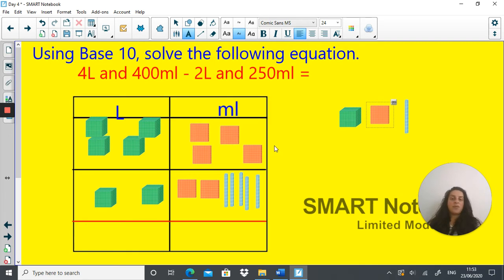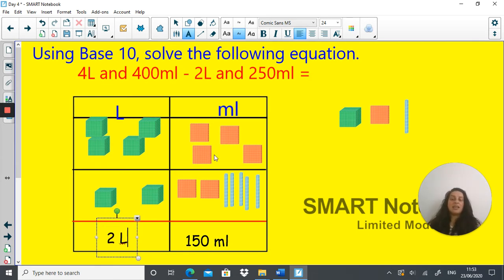So 400 millilitres take away 250 millilitres equals 150 millilitres, and 4 litres take away 2 litres equals, oh no, it's not 4, it's 2 litres.